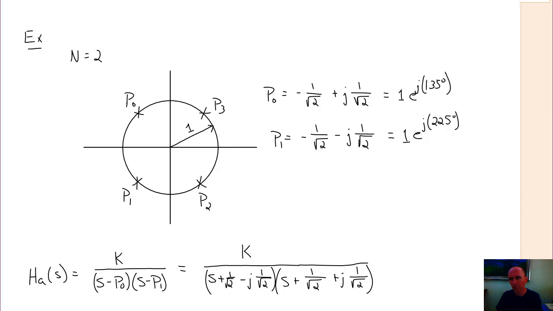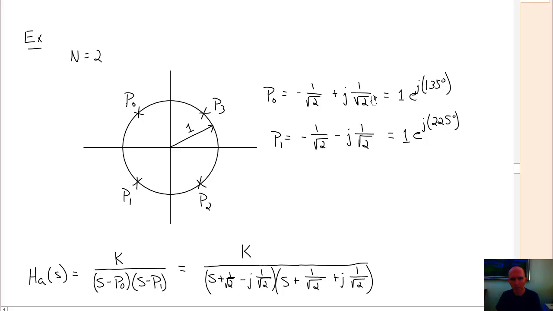So p0 is going to be the value with magnitude 1 and angle 135 degrees. And we can write that as minus 1 over square root of 2 plus j 1 over square root of 2. p1 is going to be the same thing, also on the circle of radius 1, but it's going to be 90 degrees more, so it's going to have an angle of 225, which would give us minus 1 over square root of 2 minus j 1 over square root of 2.